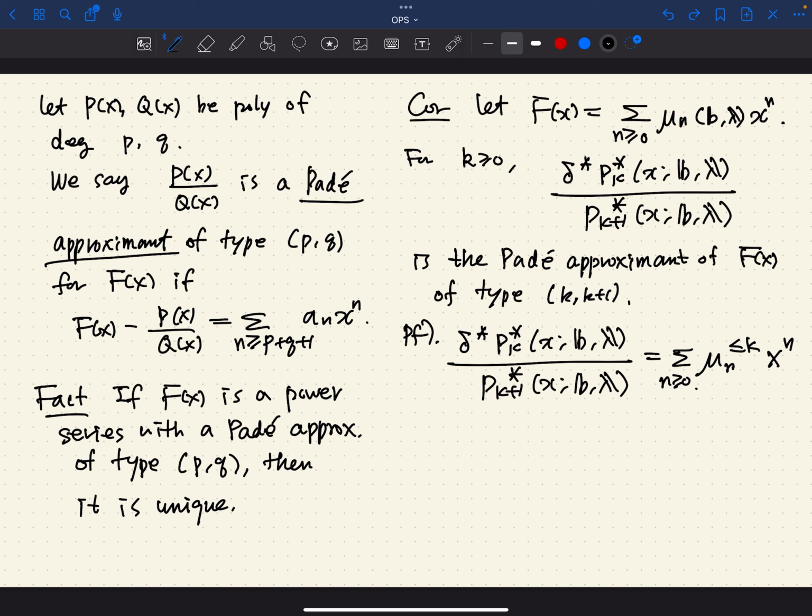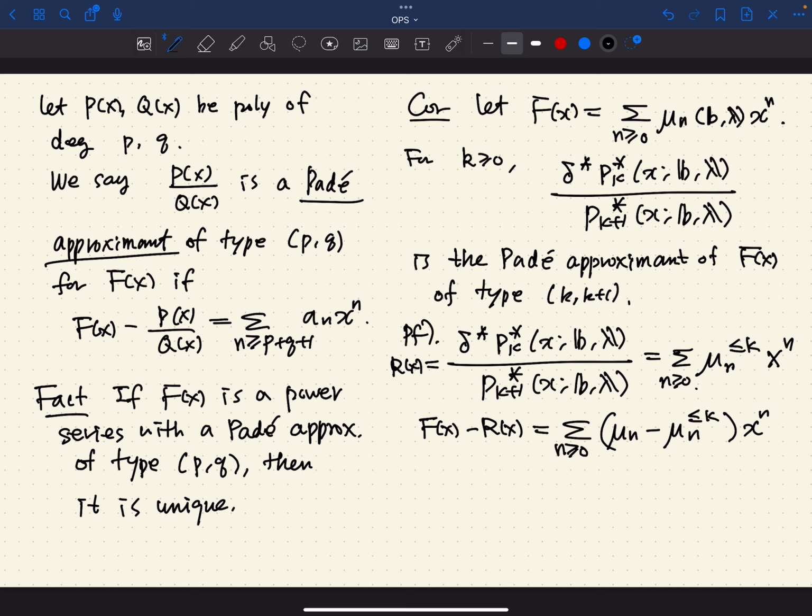Okay. Maybe I can say r. Let's say r. Then f(x) minus r(x) is the generating function for all mu_n minus mu_n for n less than or equal to k.